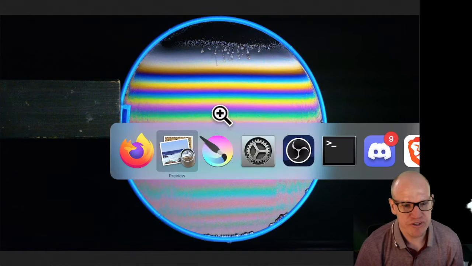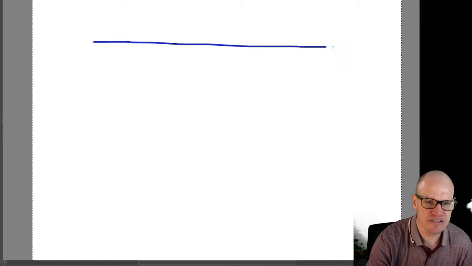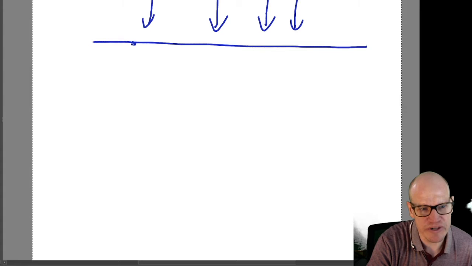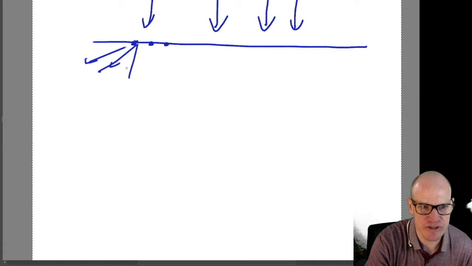So Huygens principle stateth the following thing. Huygens principle says that if you have a front, so here is a light ray that's moving, a wave front, or a light ray that's moving like this. What you can do is you can treat every individual point on that wavefront as its own individual point source. So everything here is a point source that's radiating actually in all different directions.